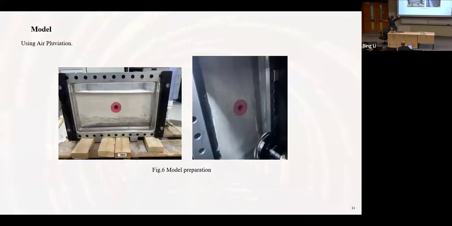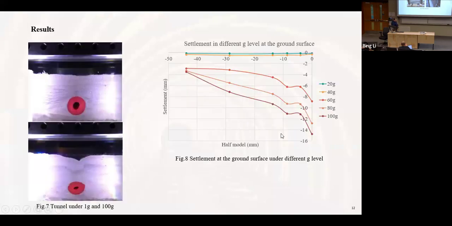This model is one of my preliminary ones. I use air pluviation to have uniform soil here. I put it inside the centrifuge, and this one is my camera.